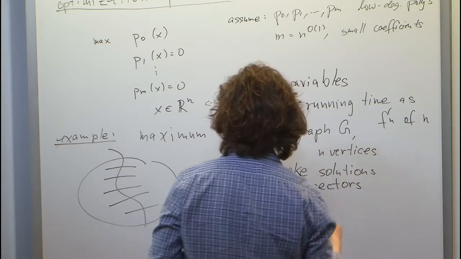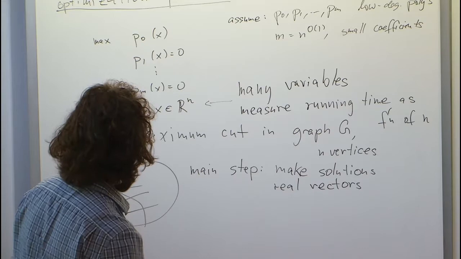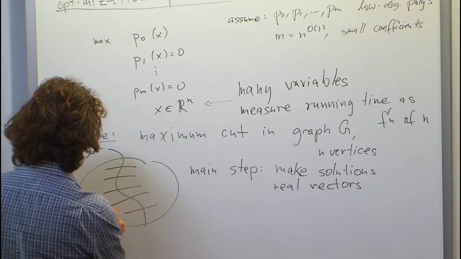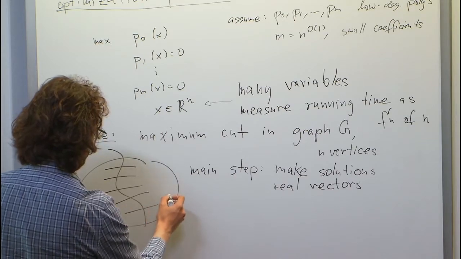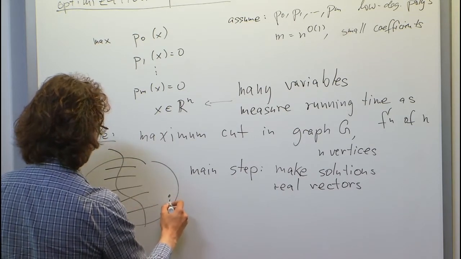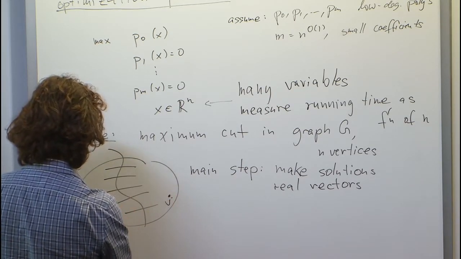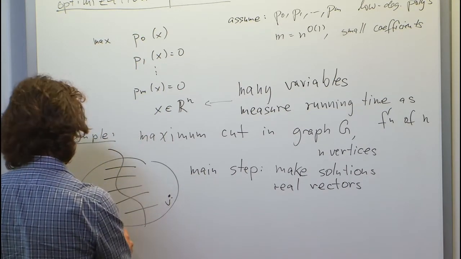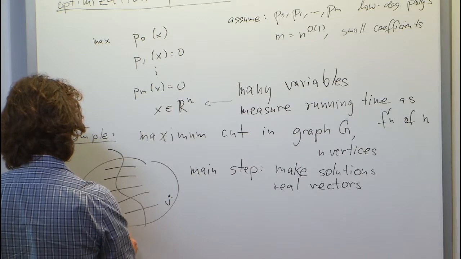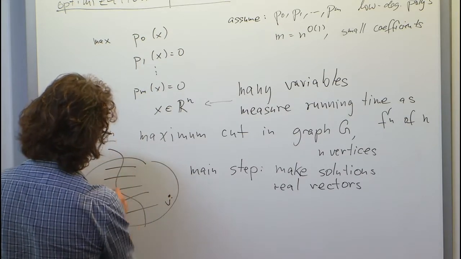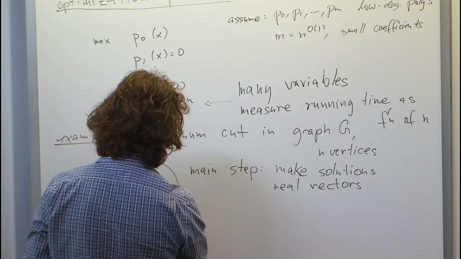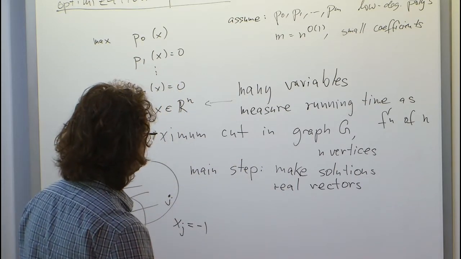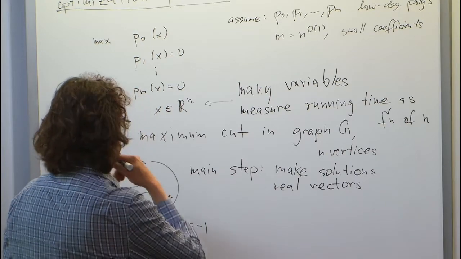One simple way of doing it is that we have a variable for every vertex i. We have a variable x sub i, a coordinate of a vector, and we assign 1 to all the vertices on one side of the cut, and -1 to all the vertices on the other side of the cut.